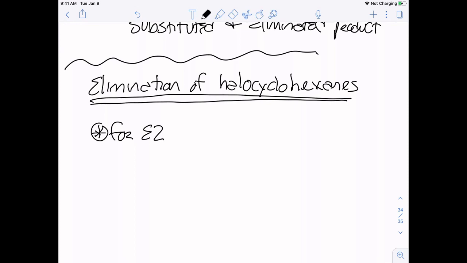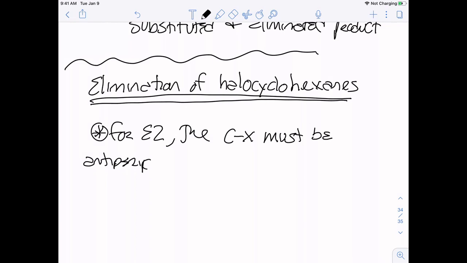So for E2, the carbon-halogen bond, so the leaving group, must be anti-periplanar or anti-coplanar to the carbon-hydrogen bond on the beta carbon.